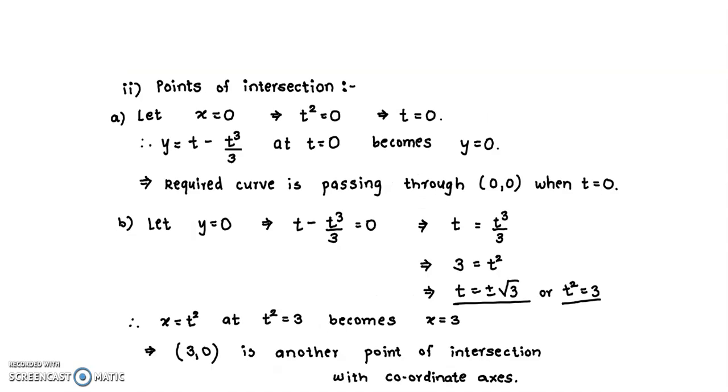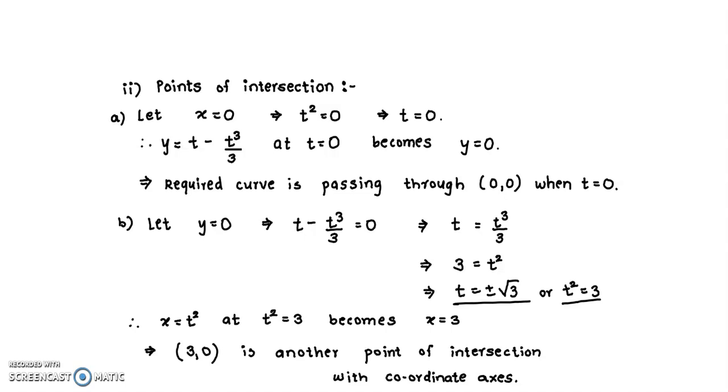Then to find the point of intersection, we consider x equal to 0, we get t equal to 0, substitute t equal to 0 in y, which implies y equal to 0. So for t equal to 0, we get x equal to 0 as well as y equal to 0, which implies the curve is passing through the origin when t equal to 0.